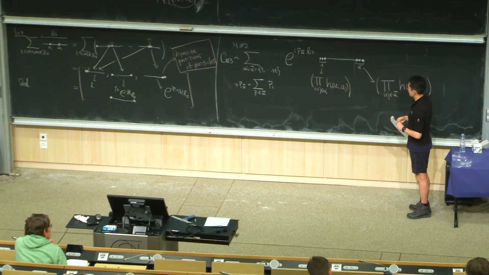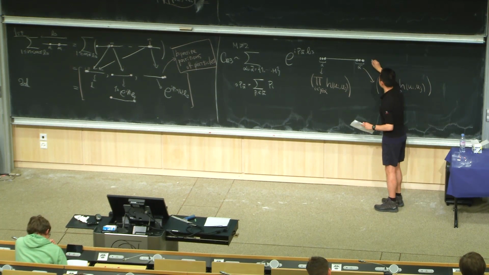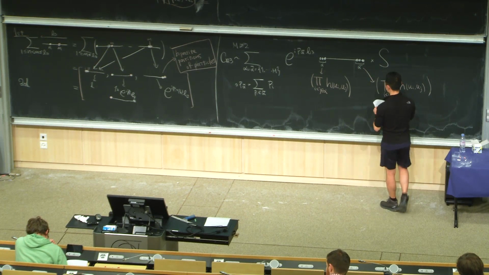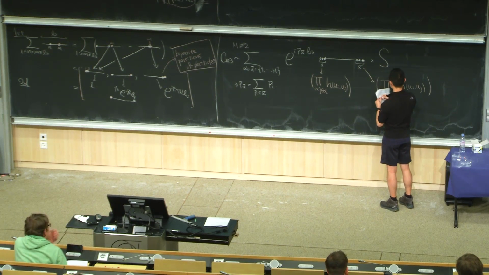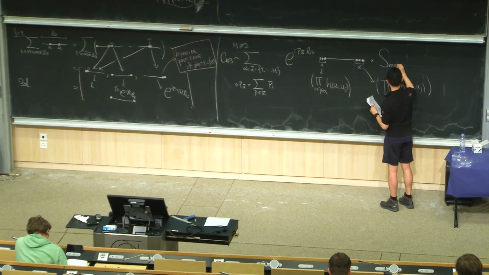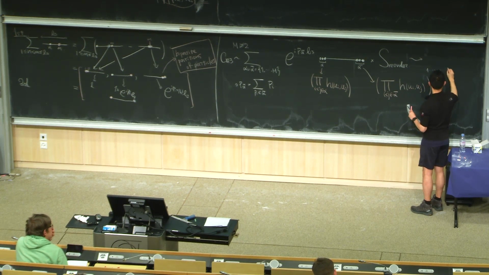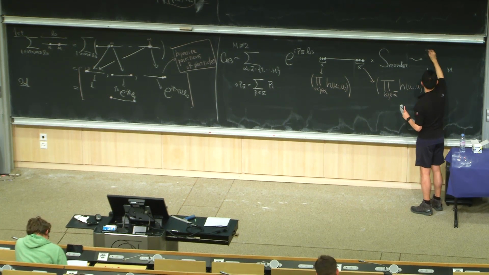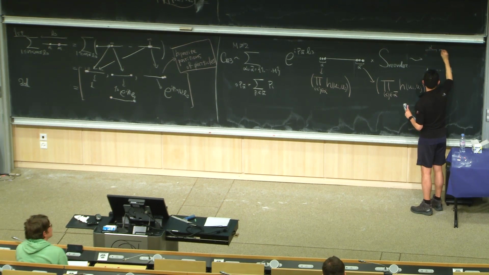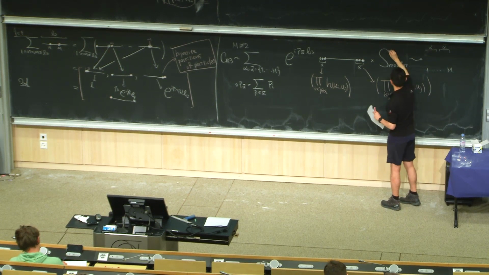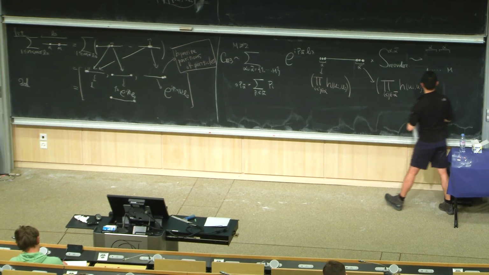Okay, so this is not everything, because as I said, there should also be a reordering factor. The reordering factor can be computed pictorially in this way. You first put 1 to m in this order, and then you put alpha and alpha bar here. So the reordering depends on the partition alpha and alpha bar.